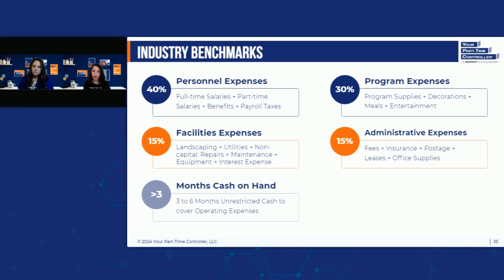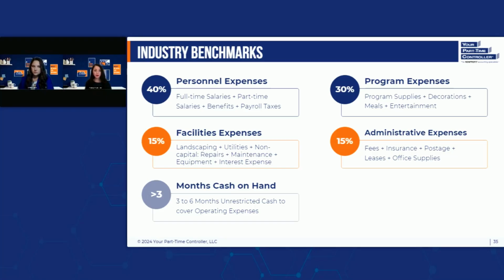And so for program expenses, we're looking at a healthy organization having at least 30% of their total expenses dedicated to programs, those supplies, decorations, meals and entertainment for various events and programs offered. And then facilities expenses will depend on the region and the cost to get supplies out there. So for landscaping, utilities, non-capital repairs and maintenance, we're looking at about 15%.